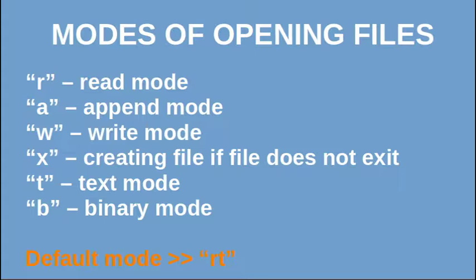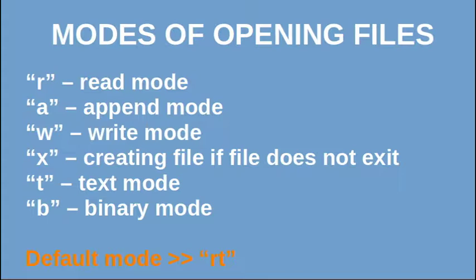There is also the T mode, which is for the text mode, and there is a binary mode. Binary mode is for binary data, and text mode is for normal text data. By default, if you don't specify the mode in which you want to open the file, Python will open the file in RT mode. RT mode is a combination of read mode and text mode, basically read text. If you use WT, write text.